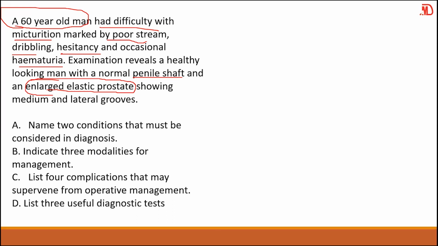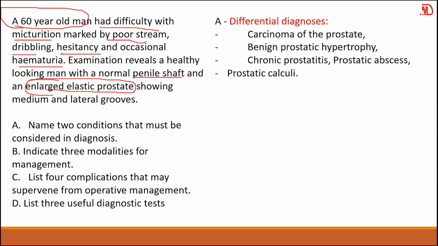So let's start with our possible differential diagnosis. We can be talking about a cancer of the prostate. We can be talking about BPH, or benign prostatic hypertrophy, or benign prostate hyperplasia. People can put it that way. We can talk about chronic prostatitis, then a prostatic abscess, then prostatic calculi.